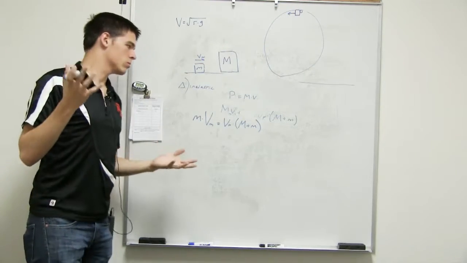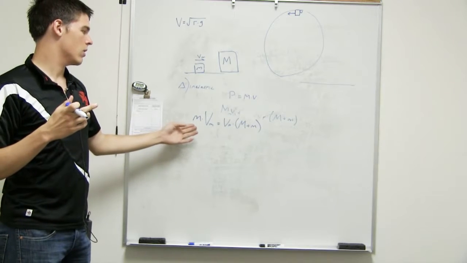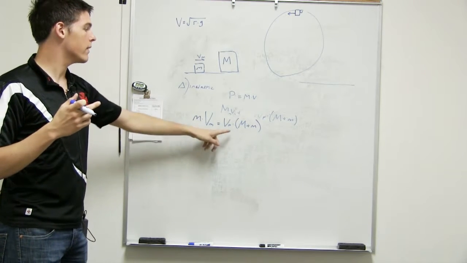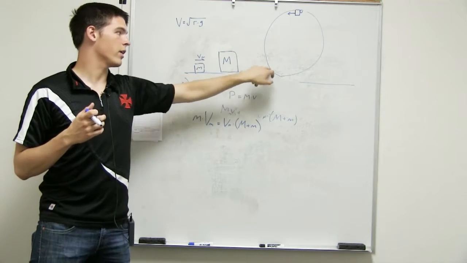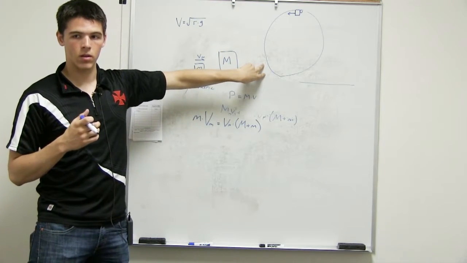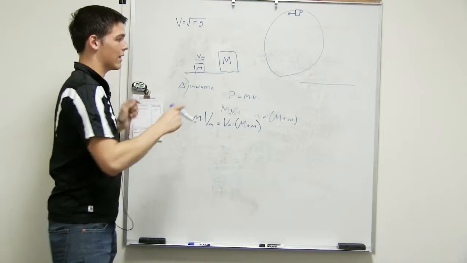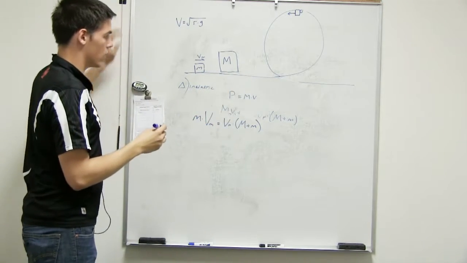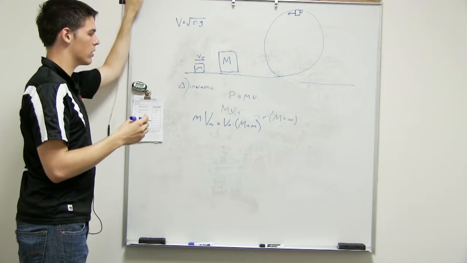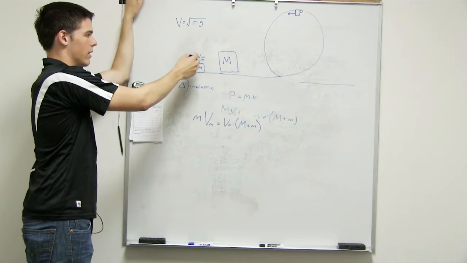Okay. So we have our momentum equation. This V final is going to be the velocity right here, before it goes up. And we are looking for this velocity? Yeah.